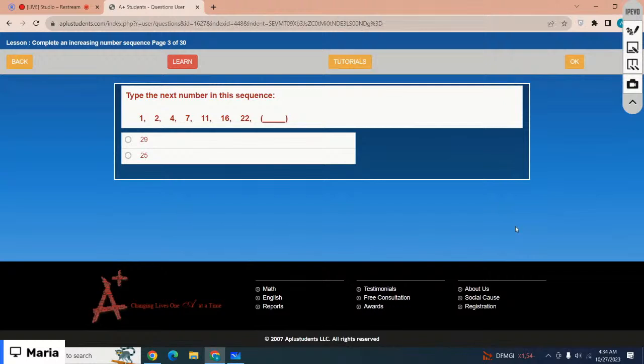For next number, you have to add 7. So 22 plus 7 is 29. So the correct option is 29, right?